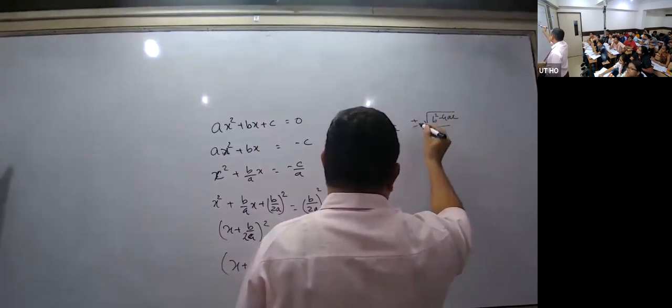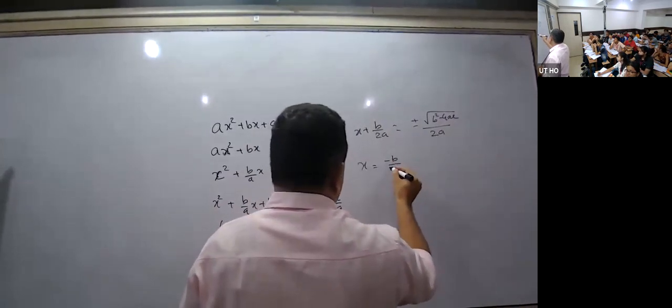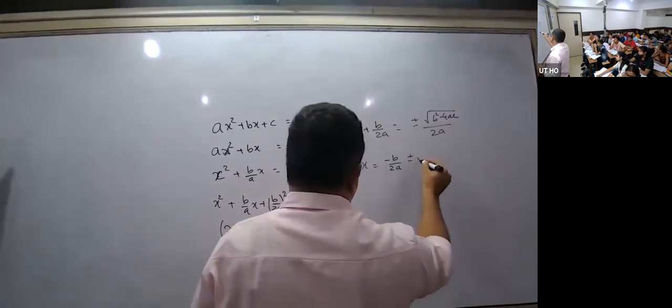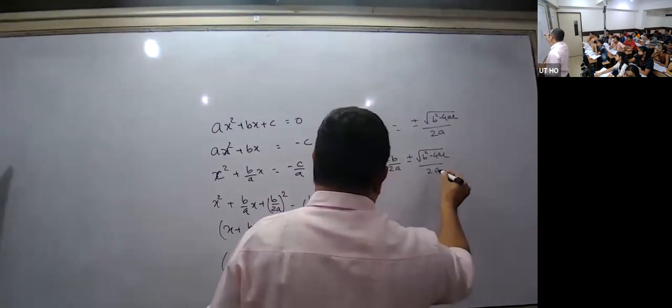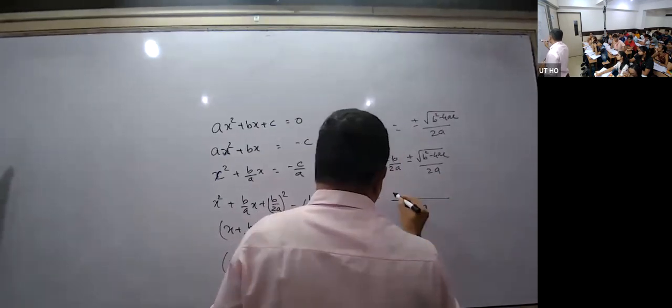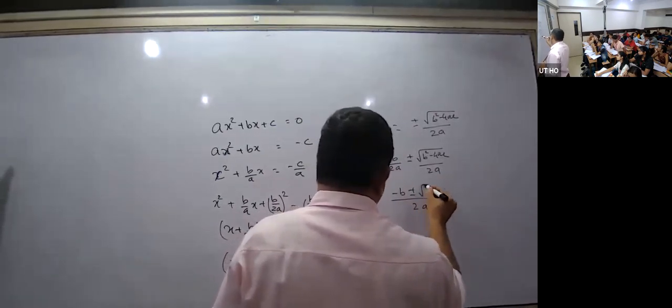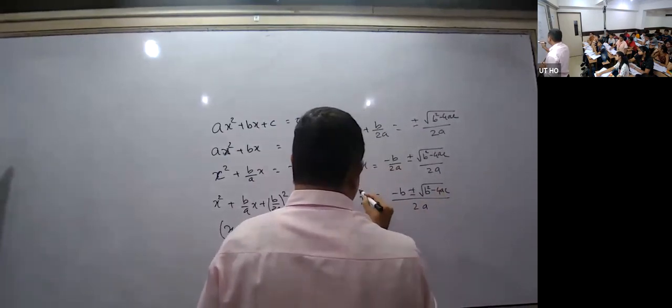Got it this much? I'll shift this one to that side. x is equal to minus b upon 2a plus minus root of b square minus 4ac upon 2a. The denominator is the same. So x equals minus b plus minus root of b square minus 4ac upon 2a.